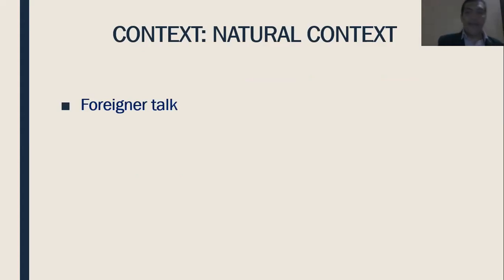And finally, we have the other kind of context. We have the natural context. The formal context takes place in a formal situation. It could be in a classroom, but the natural context can take place in a country where the target language is spoken. And we have the foreigner talk, okay?